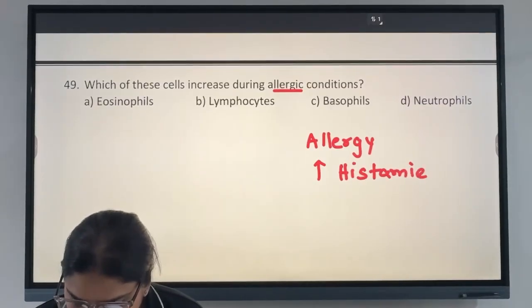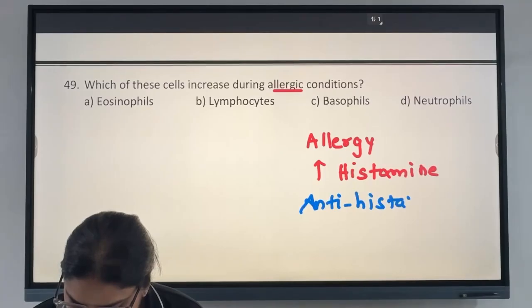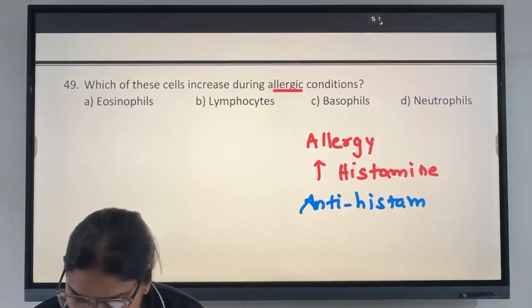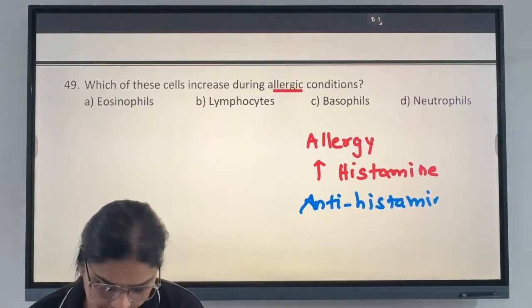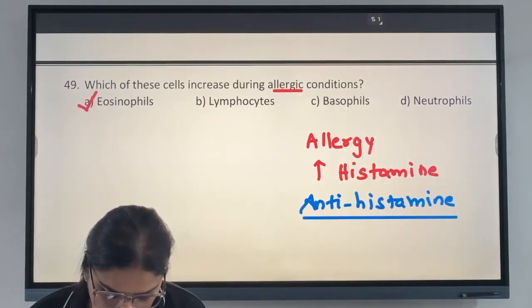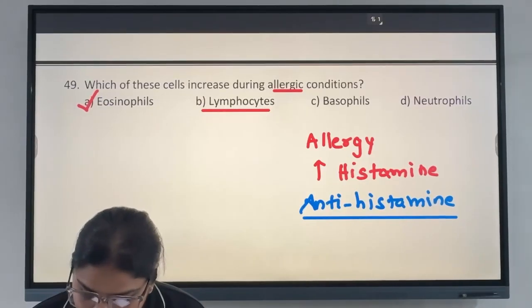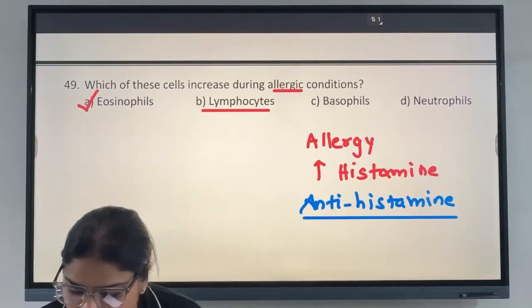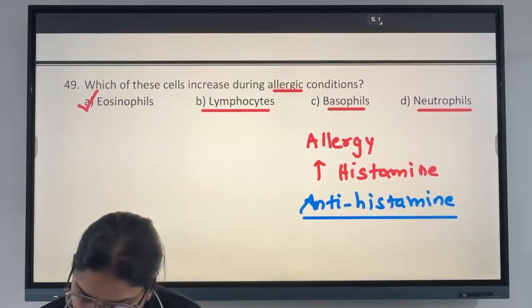So we have to look at the cell that has antihistamine property, any cell which will be antihistaminic, which will reduce inflammation and therefore allergy. The answer would be A, eosinophil. B. Lymphocytes are not antihistaminic. Basophils in fact produce histamine, and neutrophils are phagocytes. So the answer is option A.